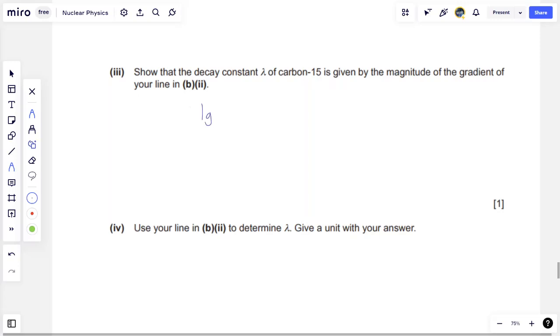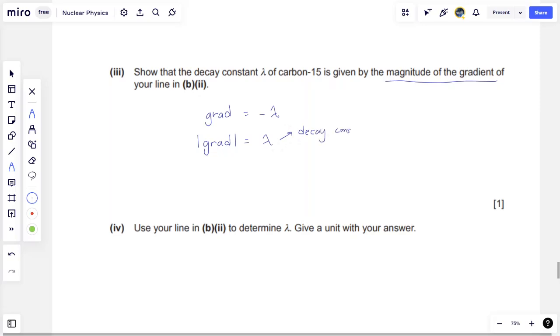We said that the gradient is minus lambda. The question asked for the magnitude of the gradient. I wanted to underline that, that's why I brought us back here. The magnitude of the gradient, therefore, is lambda. What is lambda? It is the decay constant.